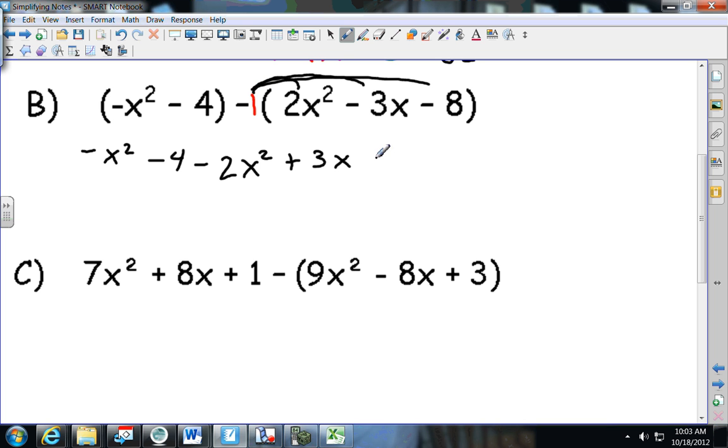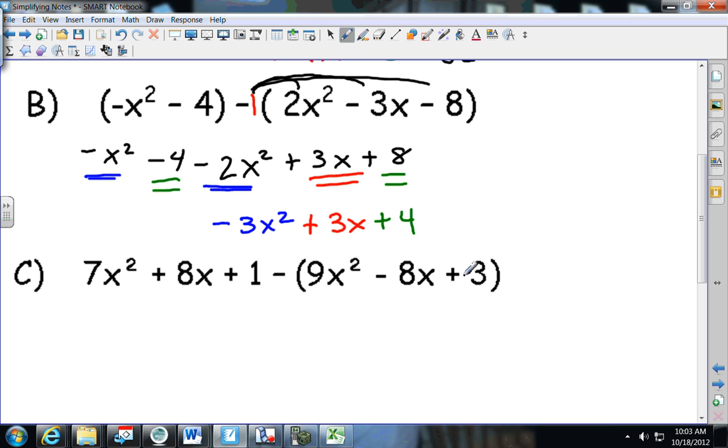Negative 1 times negative 8, plus 8. Put together your like terms. Negative x squared and negative 2x squared gives me negative 3x squared. I have a 3x. That's the only one I have, so it's plus 3x. Then I have negative 4 plus 8, which is 4.